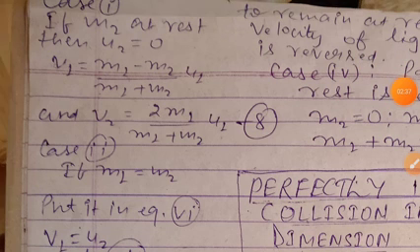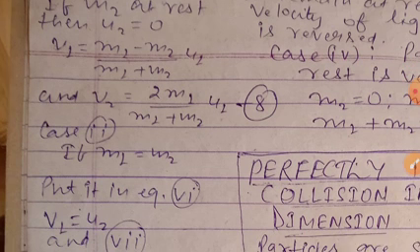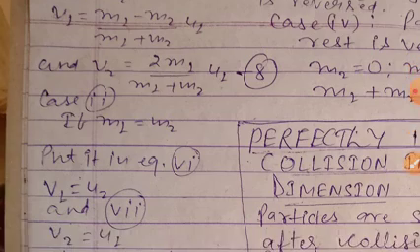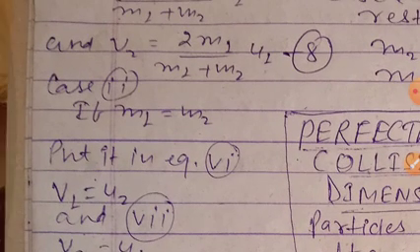Now the first case: if m2 is at rest, then u2 is equal to 0. Then v1 is equal to (m1 minus m2) upon (m1 plus m2) u1 and v2 is equal to 2 m1 upon (m1 plus m2) u1. This is equation 8.